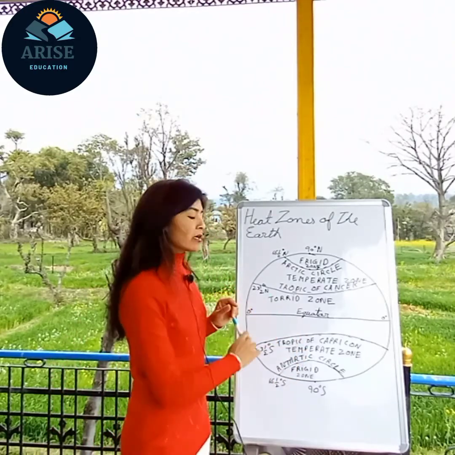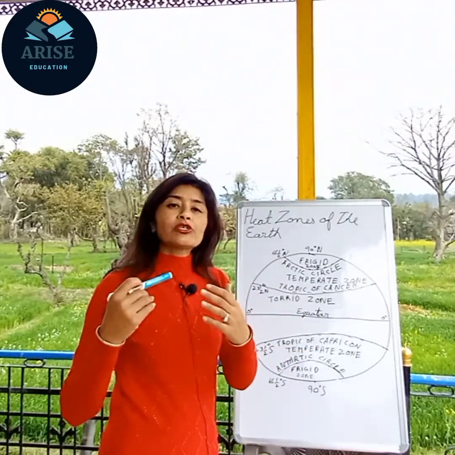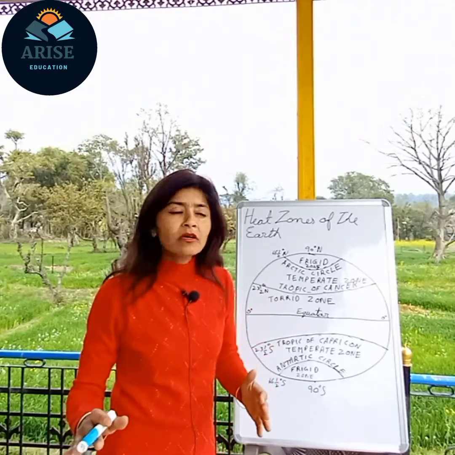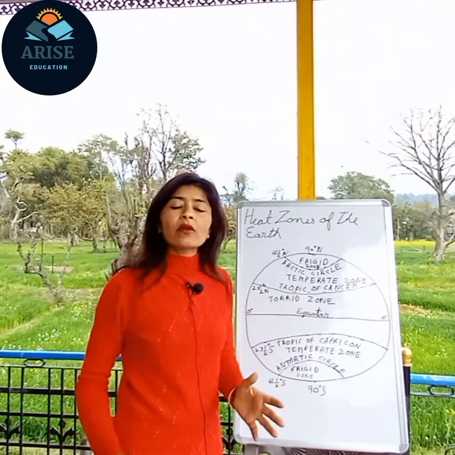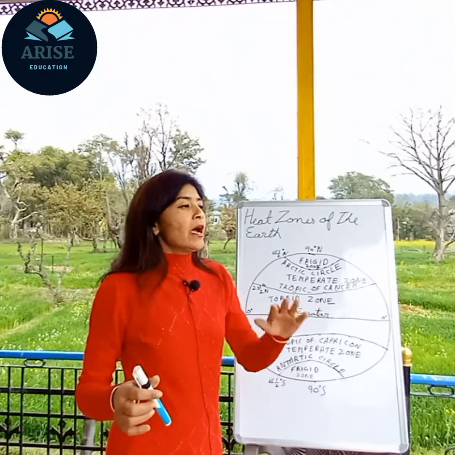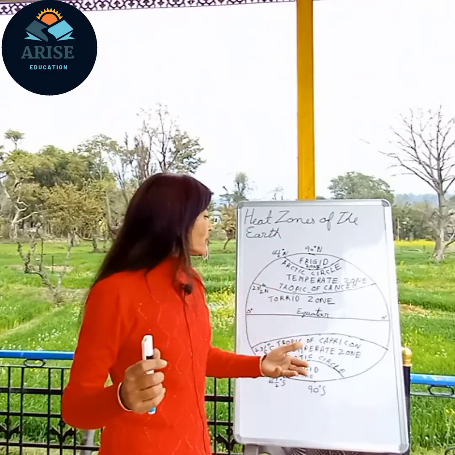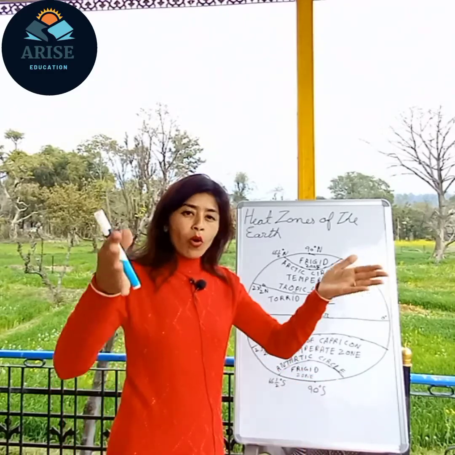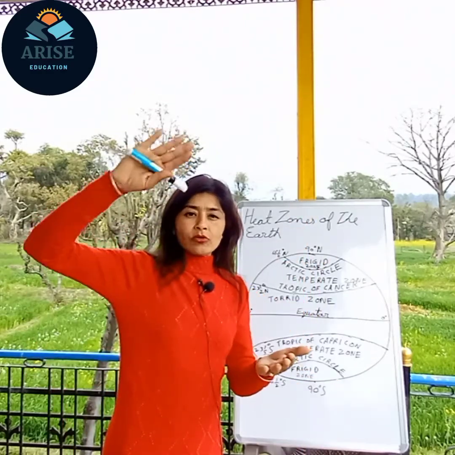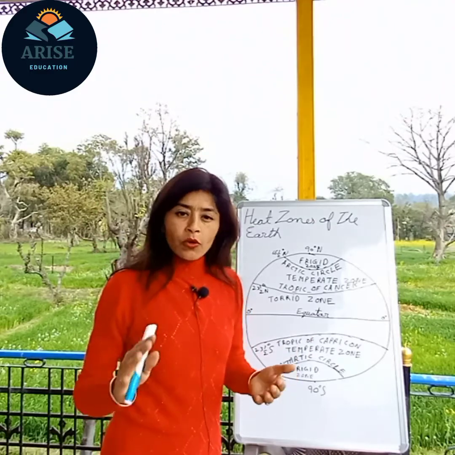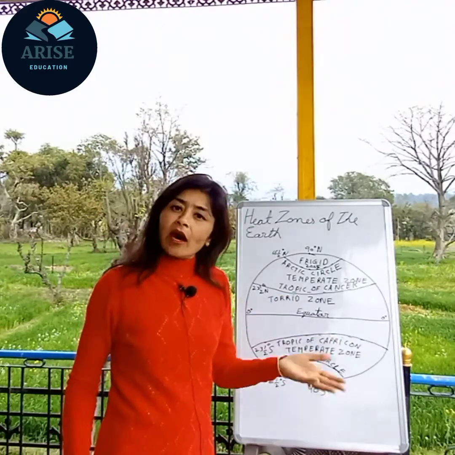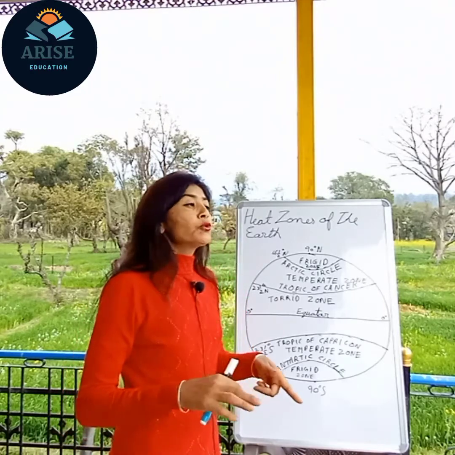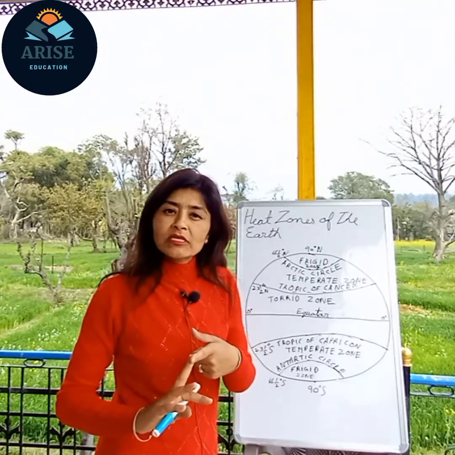This zone is the area where we experience maximum rainfall throughout the year. Here the sun rays are almost vertical. So what happens? It keeps the temperature elevated for the whole year. Temperature remains high for the whole year, and there is maximum precipitation in this area.